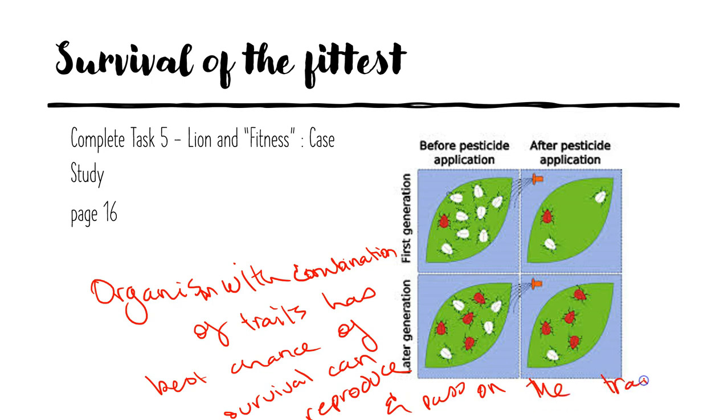So they would be the fittest individual, the one that is able to live to reproduction age and have, I guess, the most children, passing on those traits to the largest portion of the population.